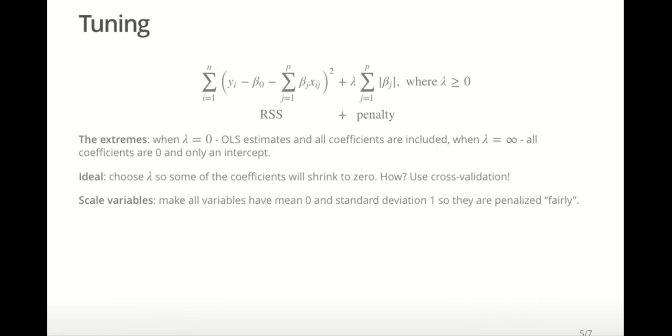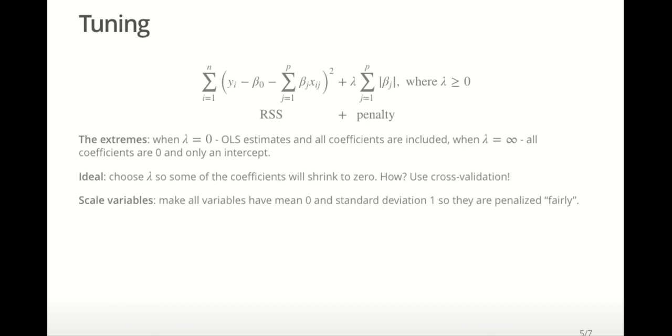The lambda tuning parameter allows us to choose how much to penalize the coefficients. We have two extreme cases. When lambda is 0, there is no penalty, and all coefficients are included with regular least squares coefficient estimates. When lambda equals infinity, the coefficients would all need to be 0, and we end up with a model with only an intercept.